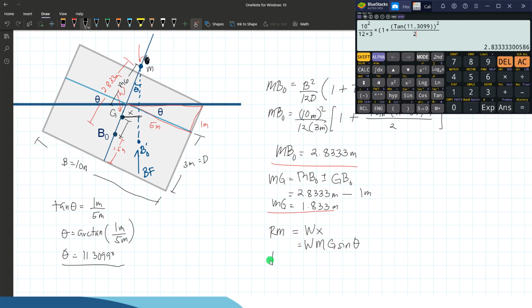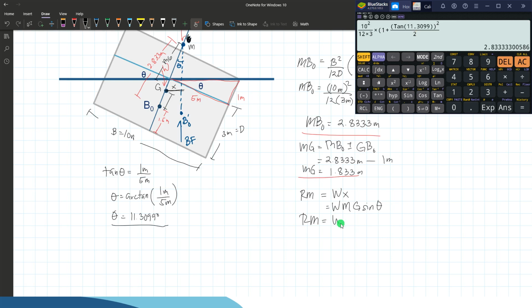So the righting moment equals the weight of the object W, times MG, which is 1.833, times sine theta, 11.3099 degrees. So the righting moment equals W times 1.833 sine 11.3099.